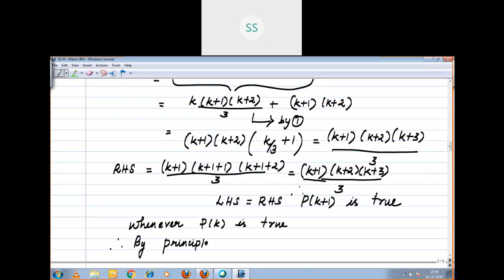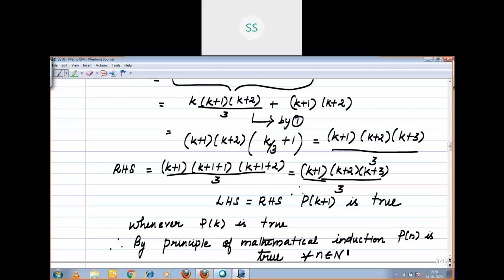Therefore, by the principle of mathematical induction, P of n is true for all n belongs to capital N.